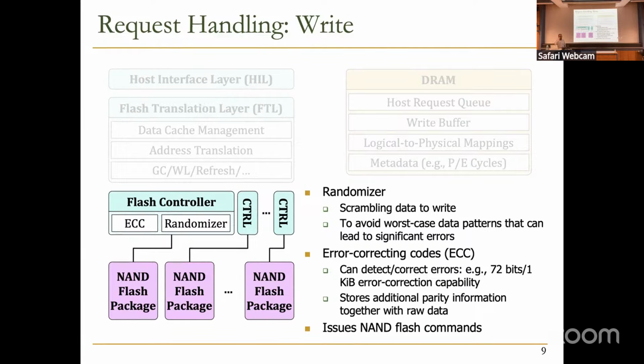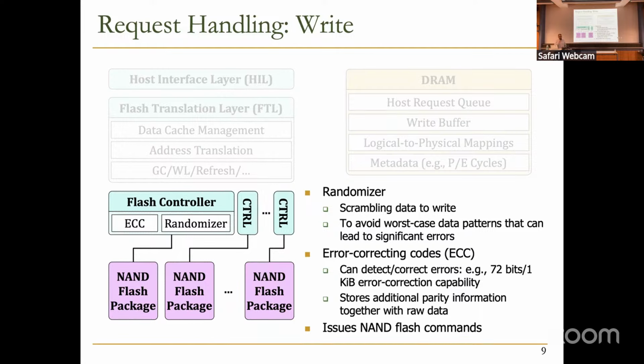Locality in what sense? The randomizer is just randomizing the data that you want to write, not the address. This is going to be cleared up next week.